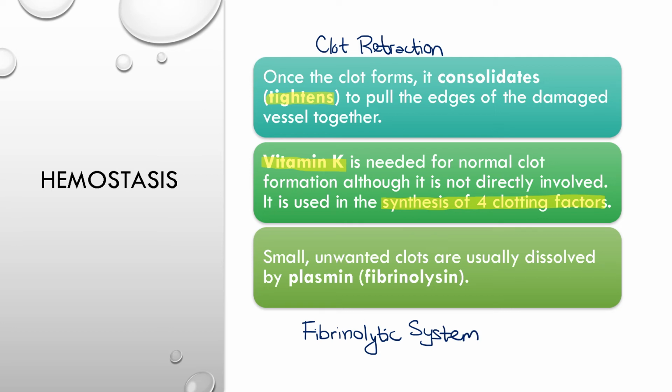And the fibrinolytic system is going to dissolve small inappropriate clots. It's also going to dissolve clots at a site of damage once that damage is repaired. Now, this dissolving of clot, removal of clots once damage is repaired, is going to be completed by the activated enzyme plasmin.